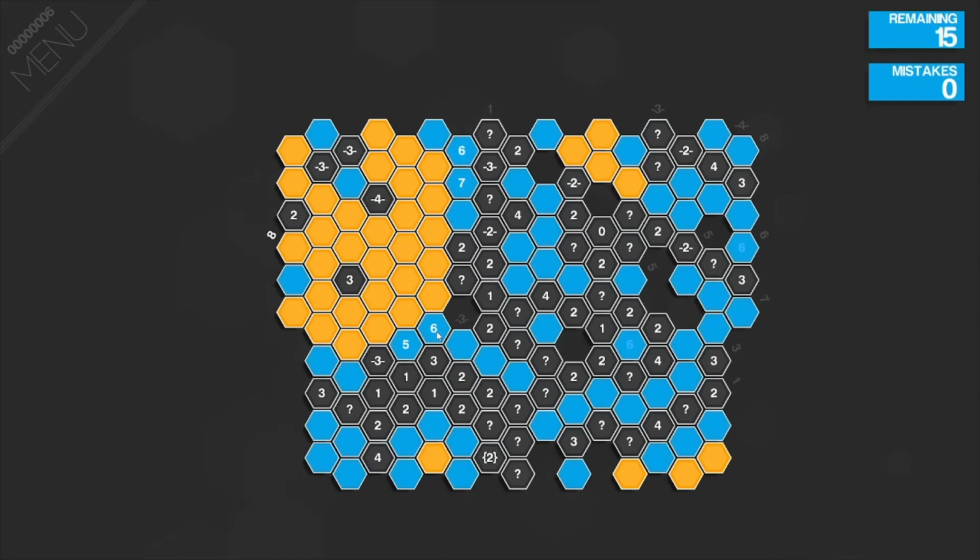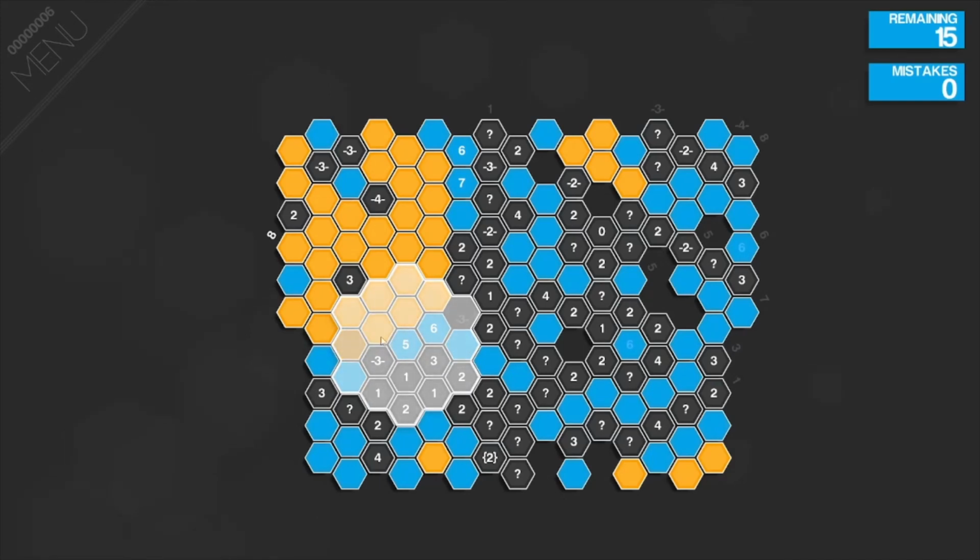Let's look at this interaction between the 5 and the 6 here. So the 6 already has 1, 2, 3 bombs within it, meaning that there are 3 remaining bombs within this pack of 6 within that flower. This 5 also has 1, 2, 3 bombs already in there.